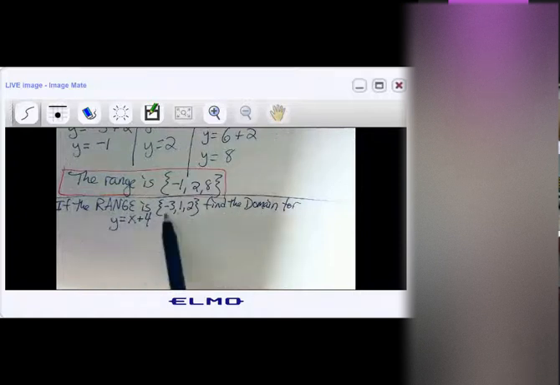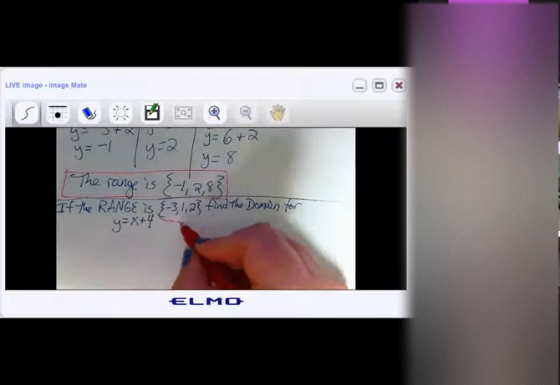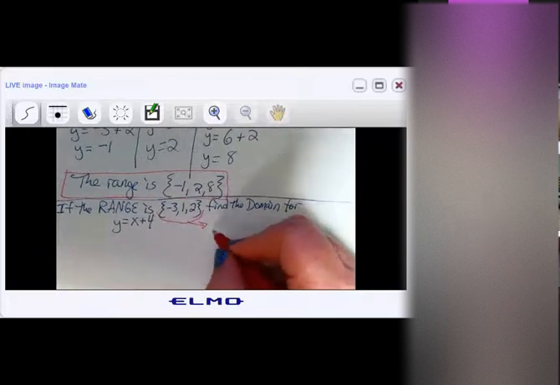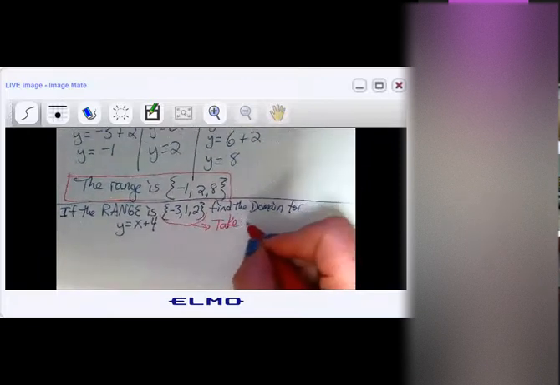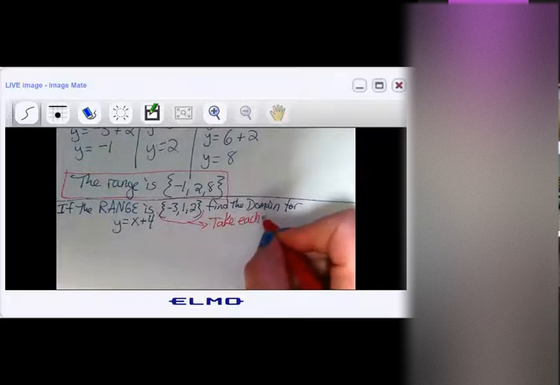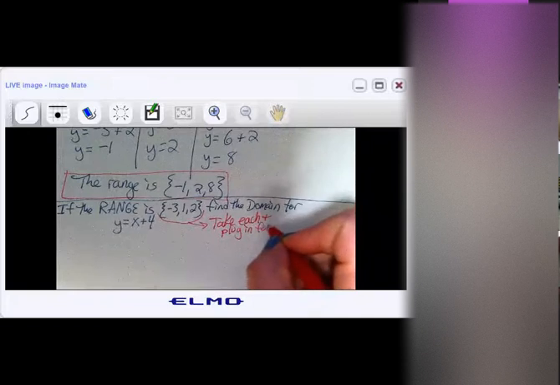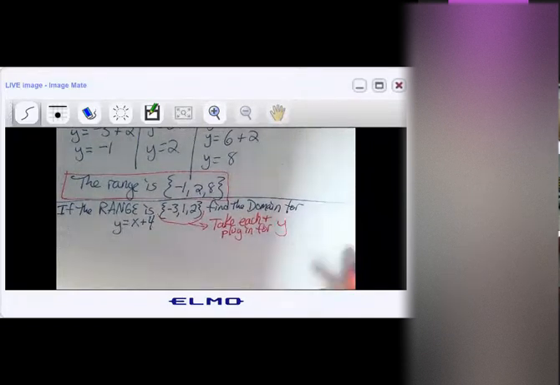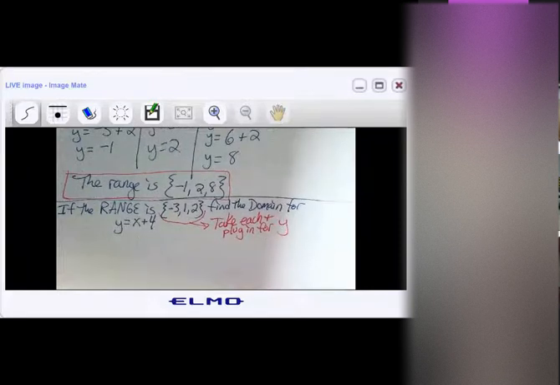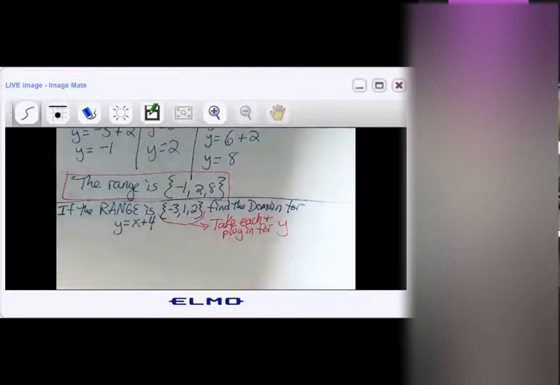Remember, range is the Y value. So this time they all go in for Y, and you need to then figure out what the X value is. So these numbers, we're going to take each and plug in for Y, because they said that they're part of the range and range is the Y values.